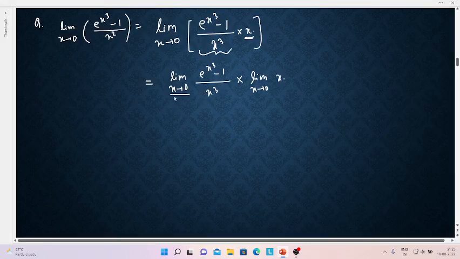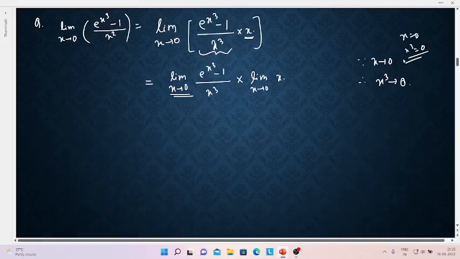Since x is tending to 0, can you tell me what will be the value of x cube? Since x is very close to 0, x cube will always be close to 0, because if x equals 0, then x cube is nothing but 0.